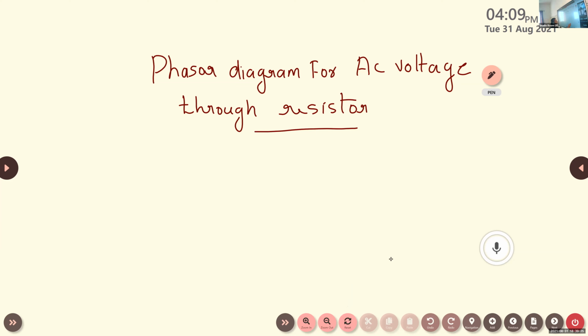What do you mean by phasor? Actually, the phasor is a vector that is rotating through an angle. So write the definition for phasor.